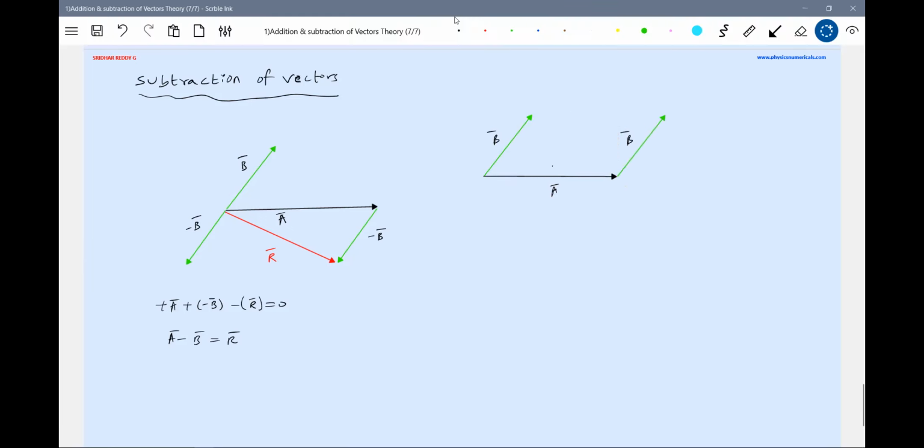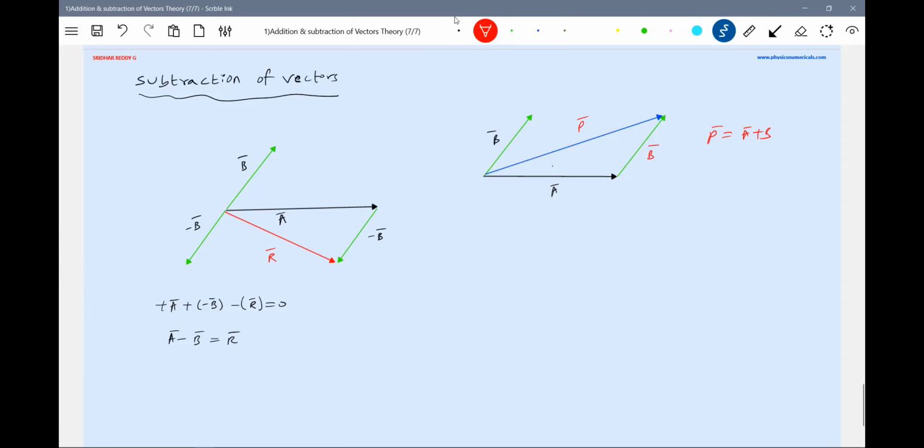It will come here, we have done it earlier. This is the resultant, I'll write it as p bar. P bar equal to a bar plus b bar, the sum of a bar and b bar.